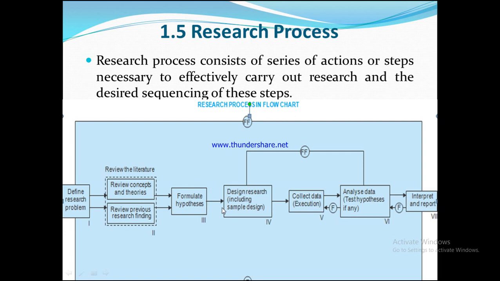After formulating the tentative statement, you may try to design the research, including the sample design. Then you collect related data, the data which is relevant to the designed research. Then you analyze this collected data.